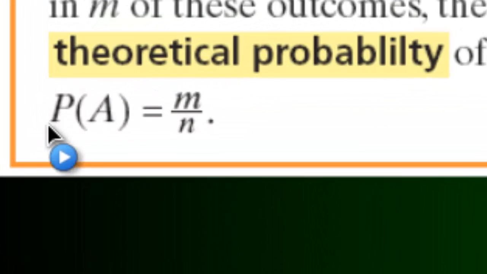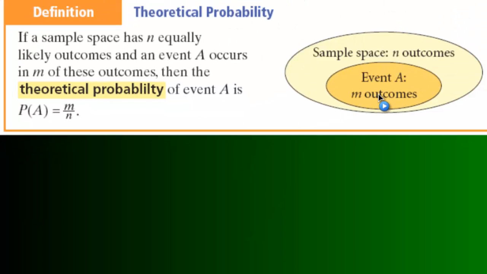So here's our notation, and it looks very similar to experimental probability. We have the probability of A, and A here represents the outcome that we're looking at. So for instance, if we were looking at rolling a die, let's see if we wanted to look at the probability of getting a 2. So the probability of a 2 would be in here.